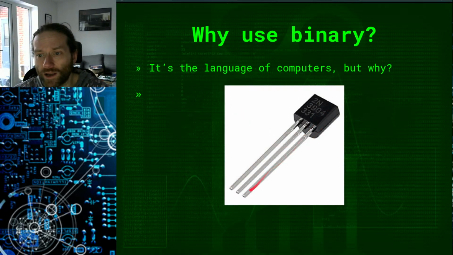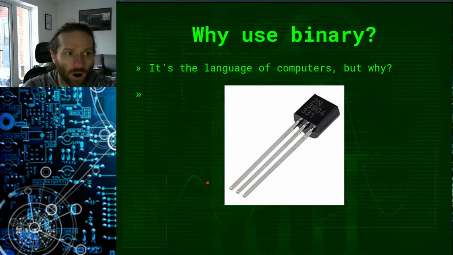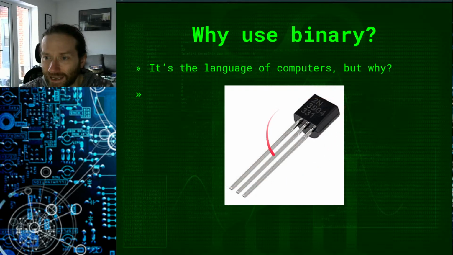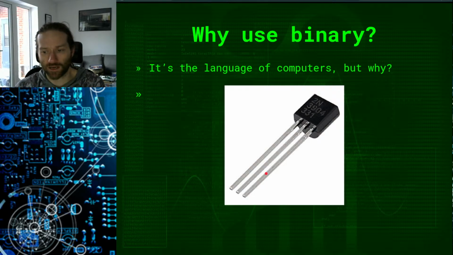So just remind me and remind yourselves: why is binary the language of computers? What's the deal there? Why is binary the only language a computer can understand? And what is this thing? Why have I got a picture of that weird thing on my screen? Give me some answers.